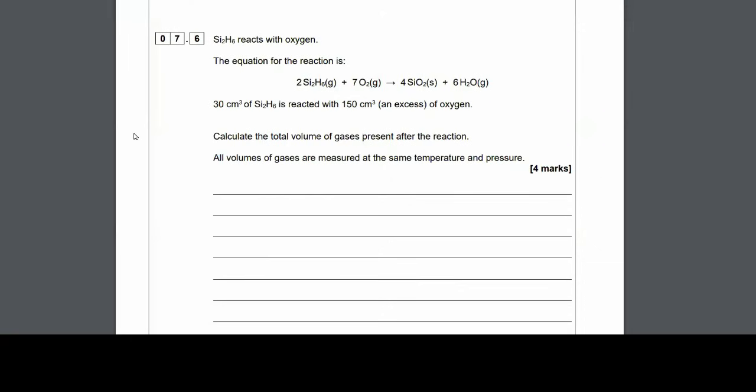Now this is key. When they're measured at the same temperature and pressure, what does this actually tell me? This tells me that basically volume is equal to moles at this point. So this is really important.